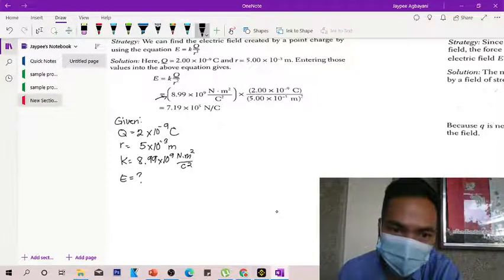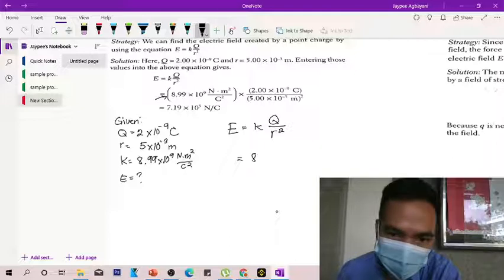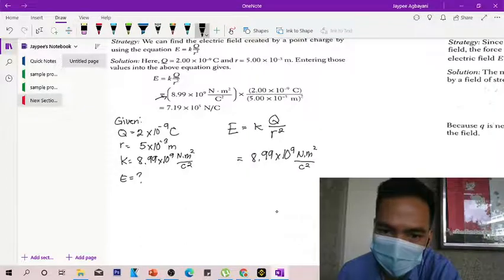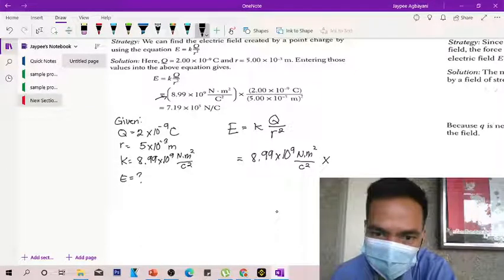So, simply using the formula, E is equal to K times Q divided by R square. So, substituting 8.99 times 10 raised to positive 9 Newton meter square over C square, times Q divided by R square.